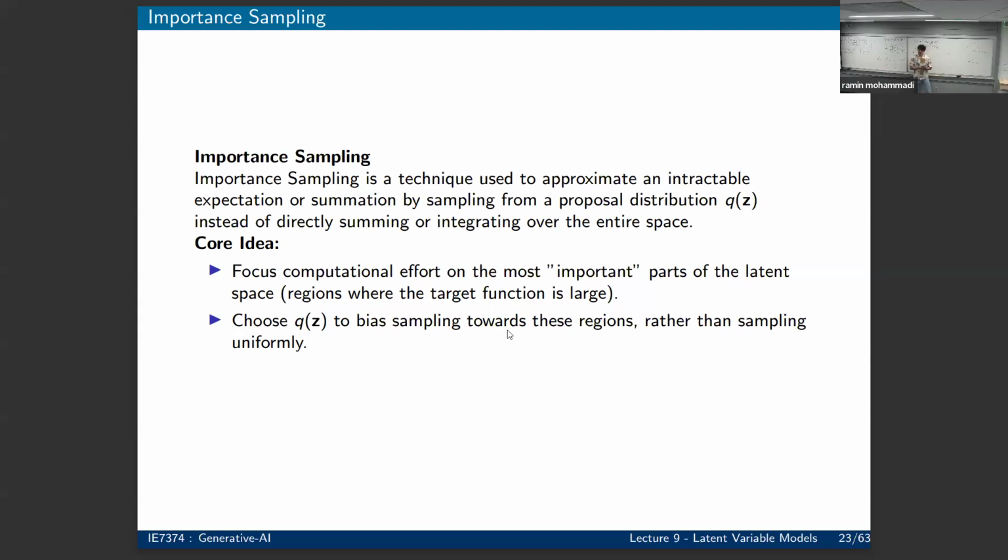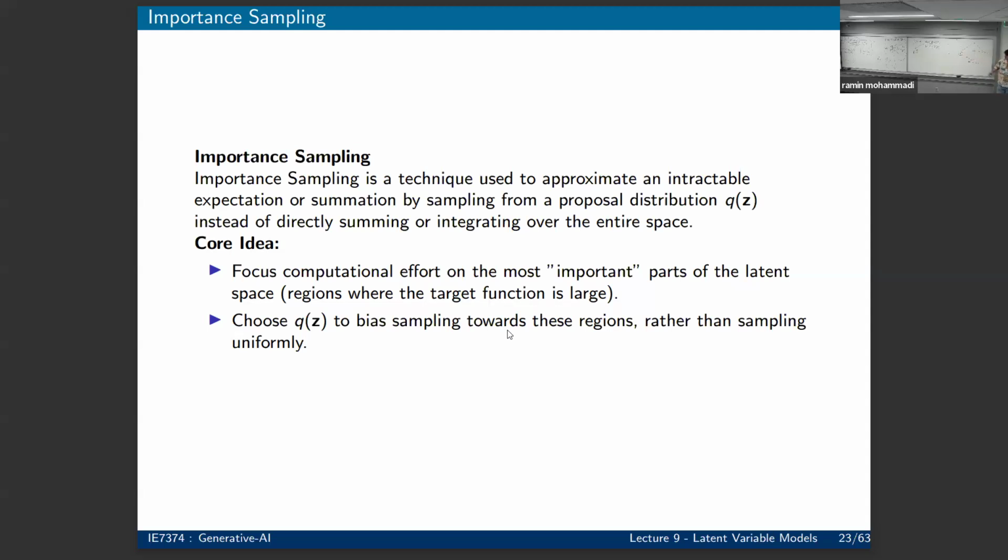Your goal is that for every data point, for example, you sample from this known distribution, and your goal is to generate the data. While the data basically comes from this one, you don't know this one. So the idea behind importance sampling is that I keep sampling from this distribution, Q, but not every region of Q is important.